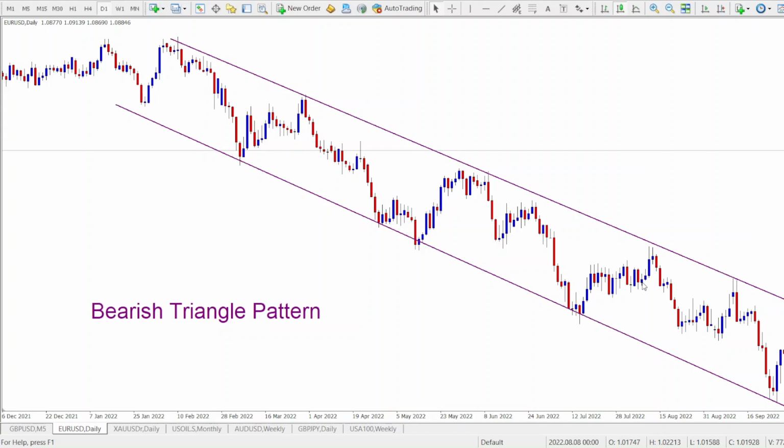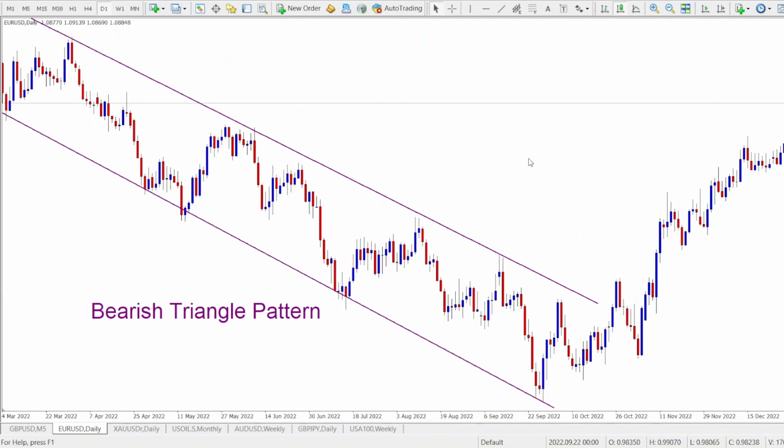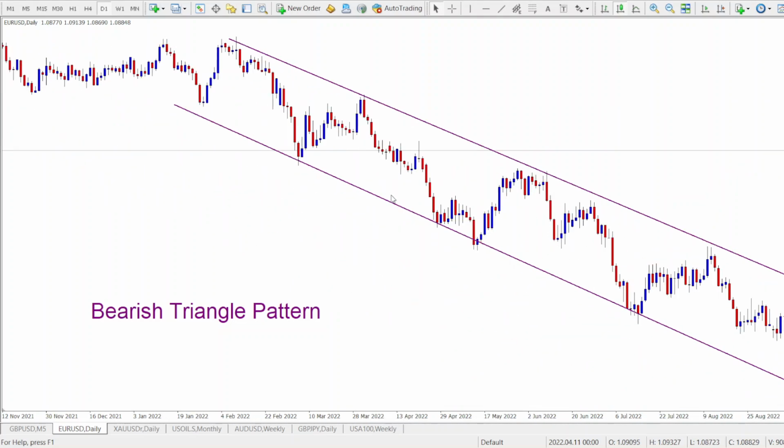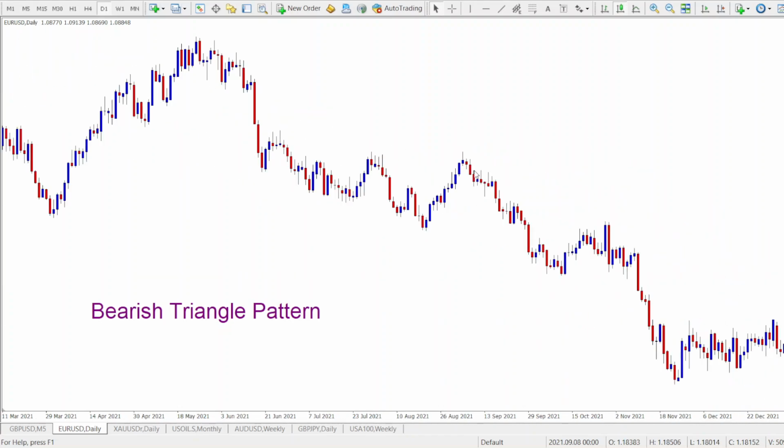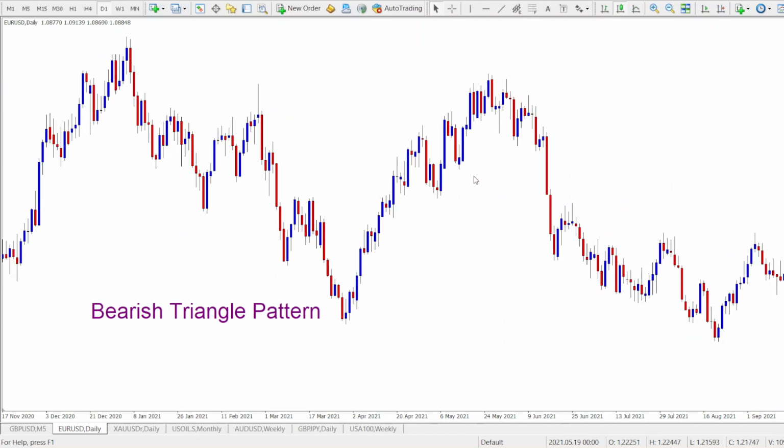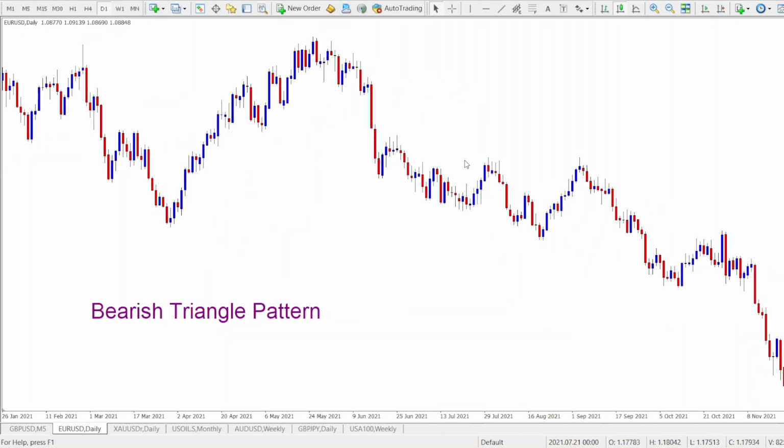It forms when the price action is narrowing and creating converging triangles. Now this is a channel, and a channel is different from a triangle. Of course, you know how a triangle looks. A bearish triangle, as the name implies, is when the price is ranging in such a way that it is creating a triangular pattern going in the downward direction.